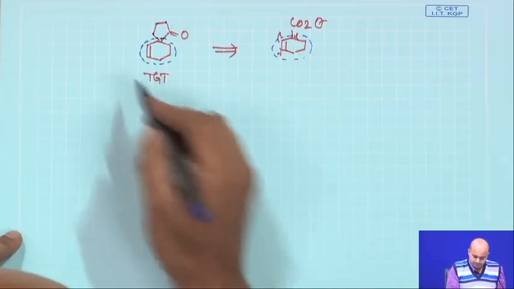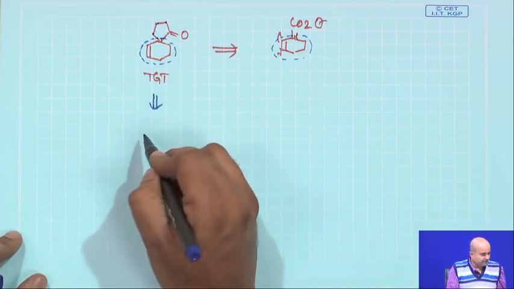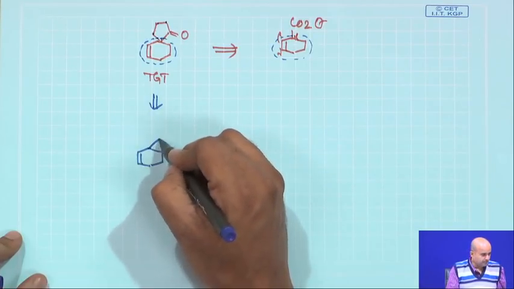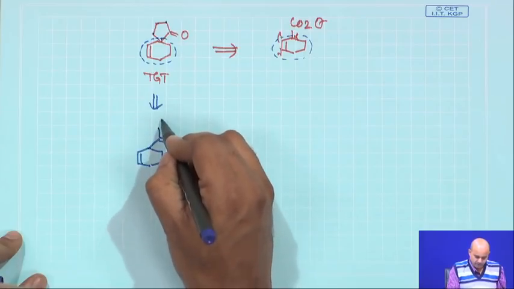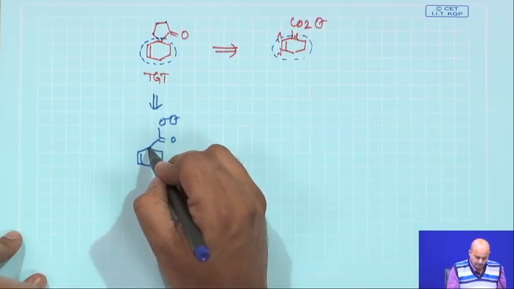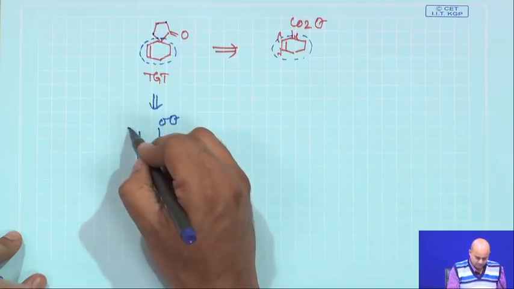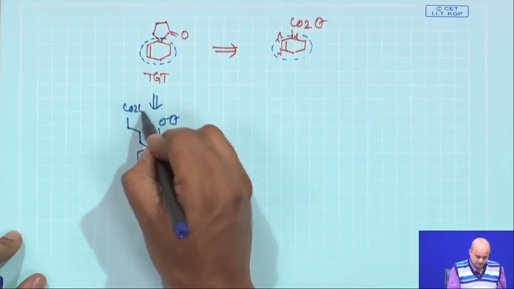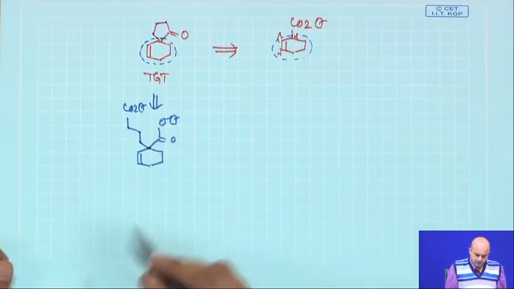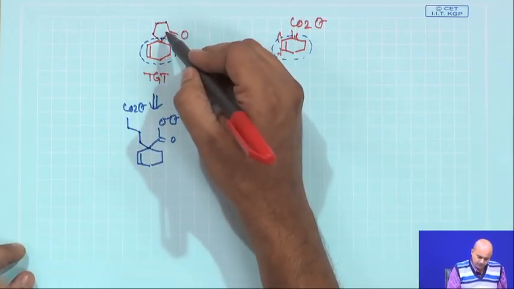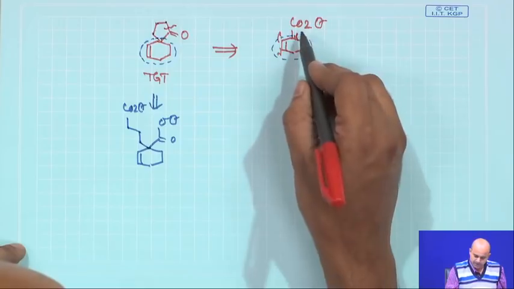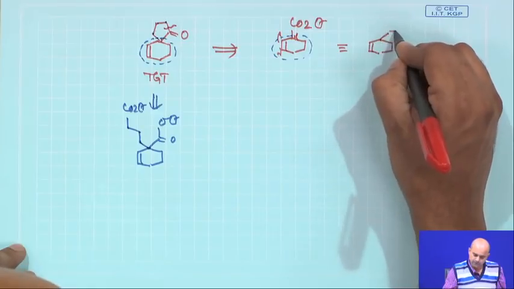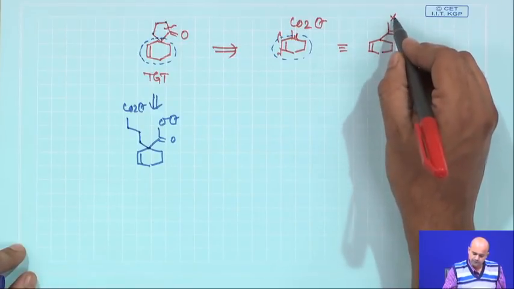So, now if I do a very conventional retro, probably the transformations are all known to you. If you are having this compound, this diester, you just make this disconnection, because the starting material is already having this framework, which is C double bond O X. So, this part is in the starting material.